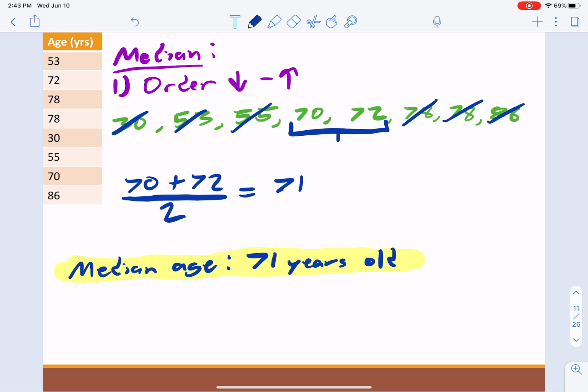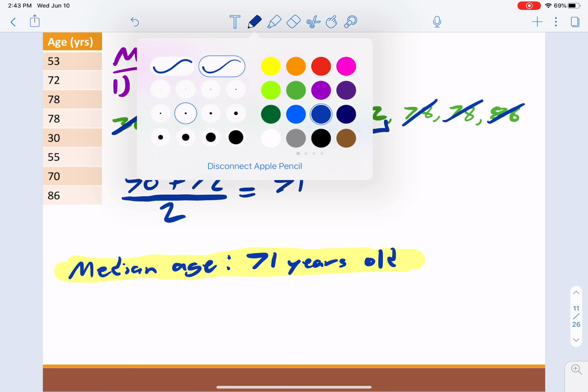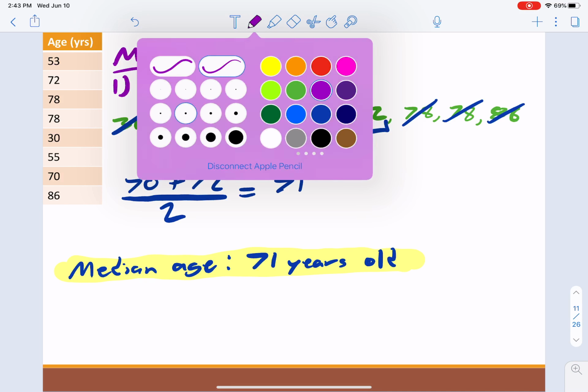So here we can do a little interpretation.